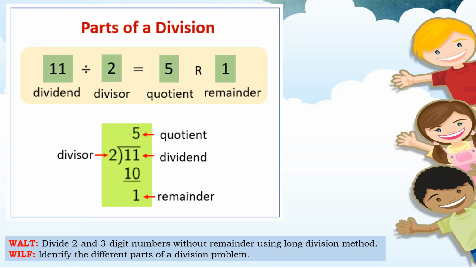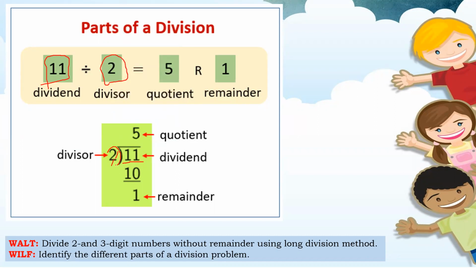Here, this number, which is the biggest, right here, is called the dividend. This two is the divisor, which is the number dividing the other number.